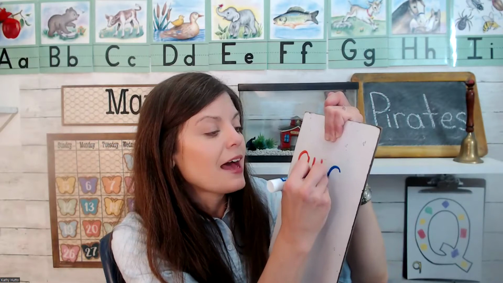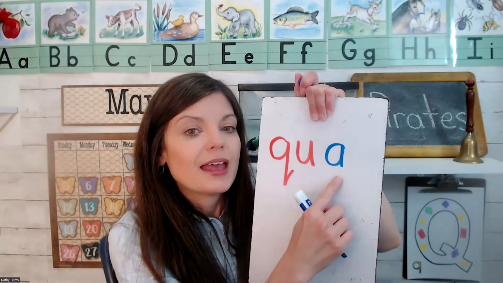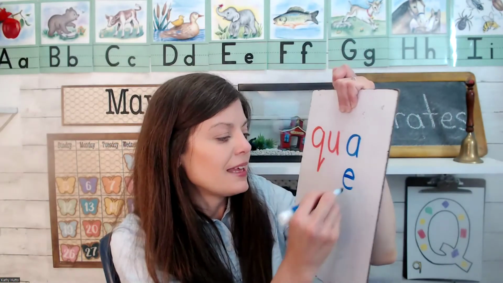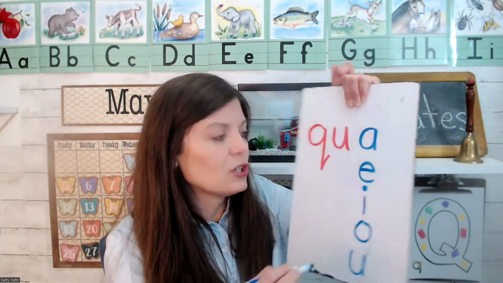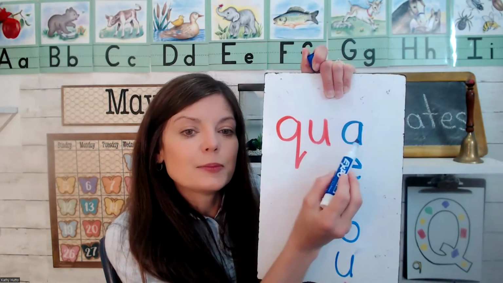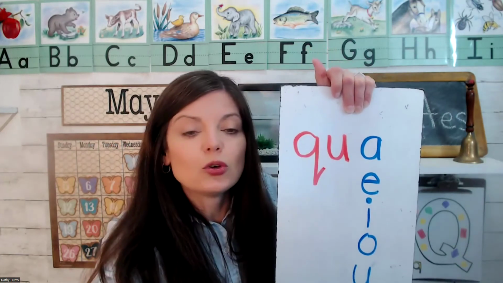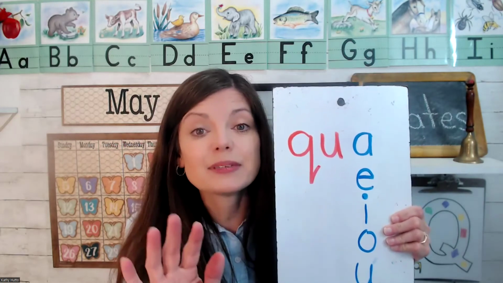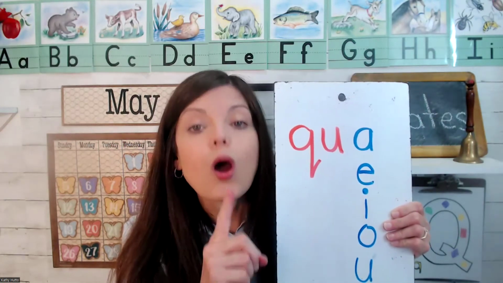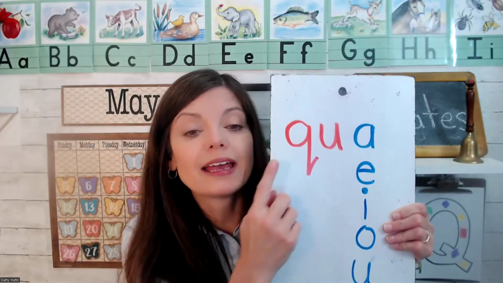I'm going to put the vowels right here. A, E, I, O, and U. Let's try to blend the Q and U with each of these vowels. Q and U together still makes the same sound, as in quiet.